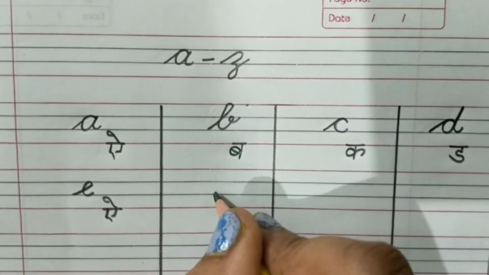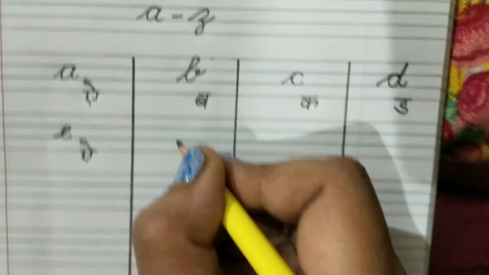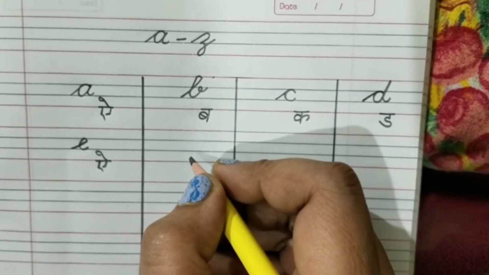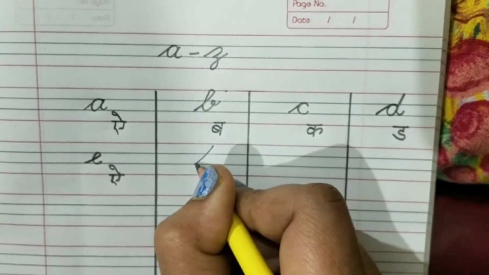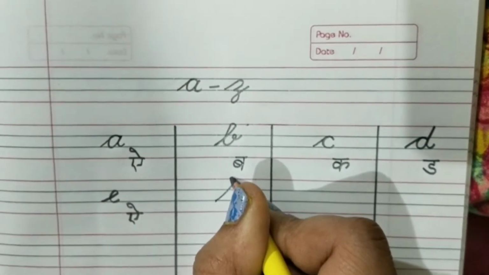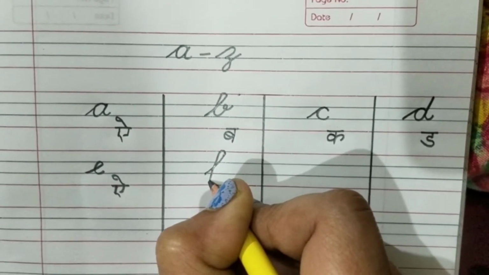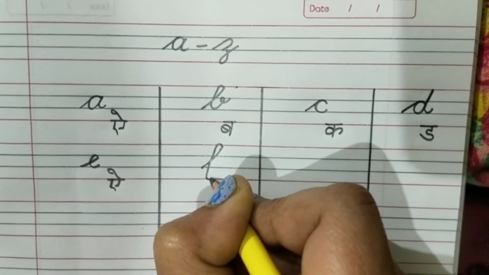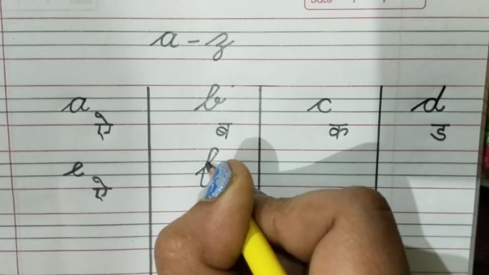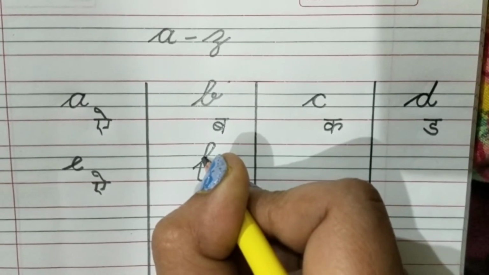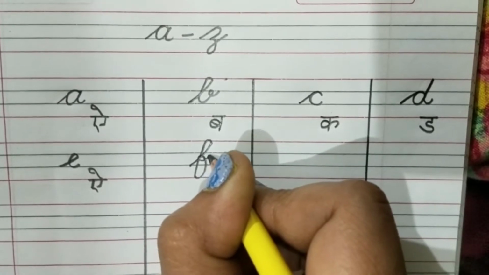After E, we have the letter F. F says F. Slant line, turn, touch the red line, and again at the center of both black lines turn like this.